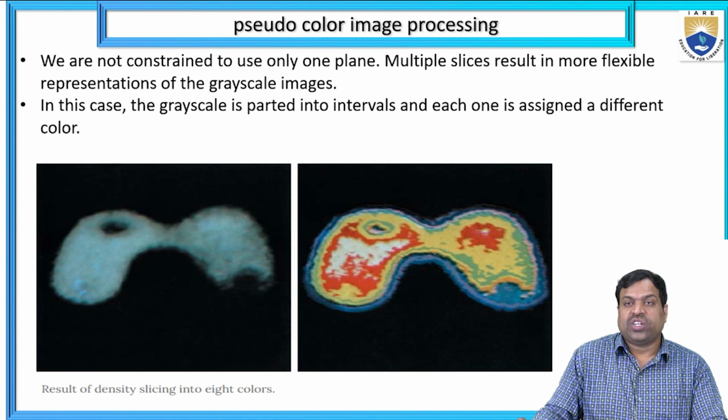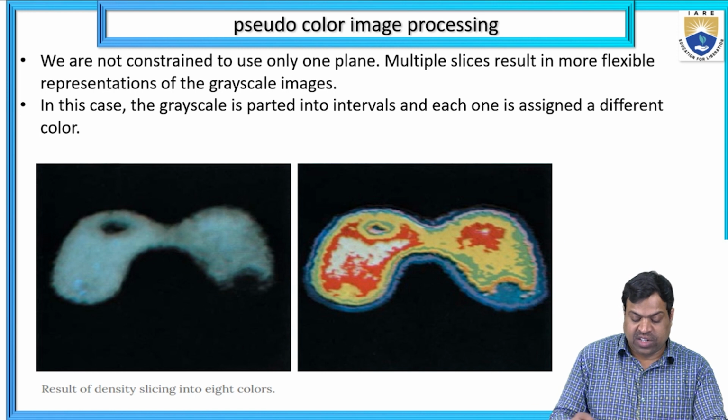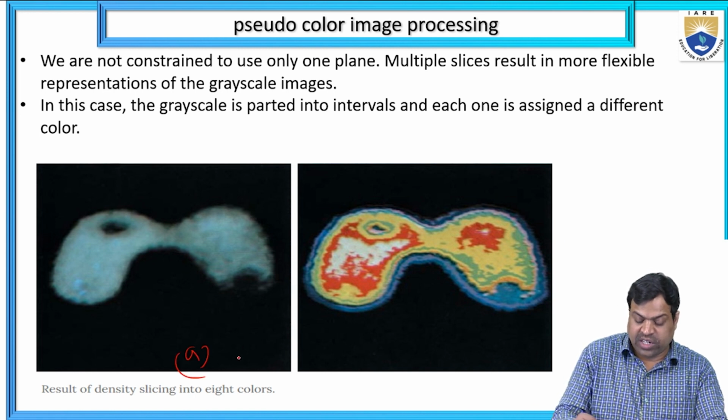We are not constrained to use only one plane. Multiple slices result in more flexible representations of the grayscale images. In this, the grayscale is divided into intervals and each one is assigned a different color. Here I am taking image A and image B. What is image A? The result of density slicing into 8 colors.